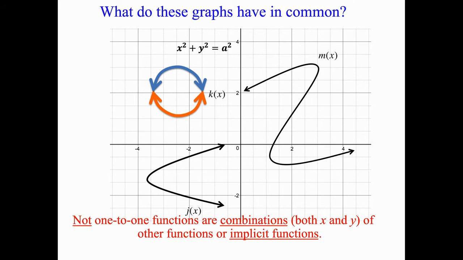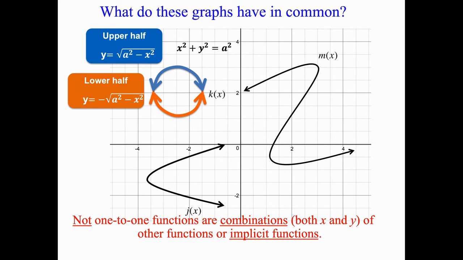So if you solve that equation, x squared plus y squared equals a squared, you're going to end up with y equals the radical of a squared minus x squared as the upper piece. Then, if you do the same thing, you're actually going to get the same answer, but the difference is the radical is negative. Why? Because when you take the square root, you get a positive and a negative. So the positive radical represents the upper half, and the negative radical represents the lower half.